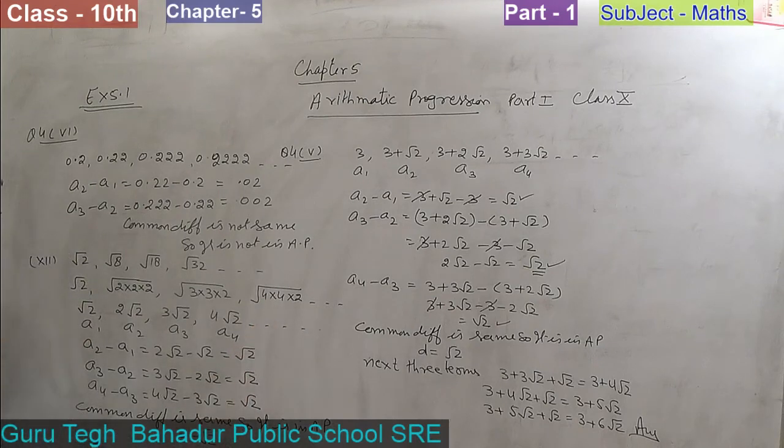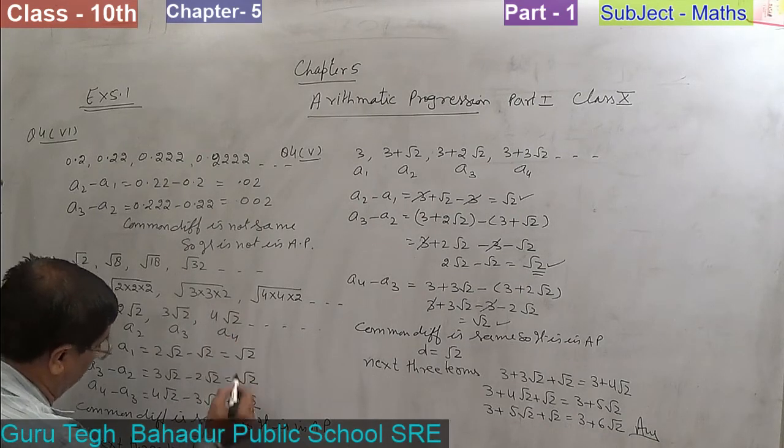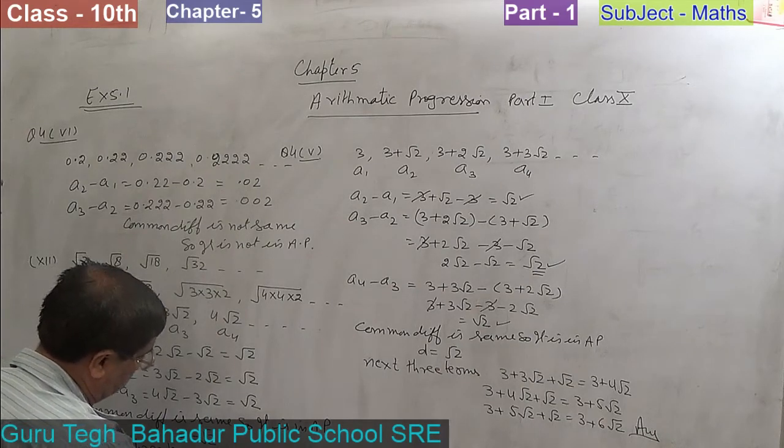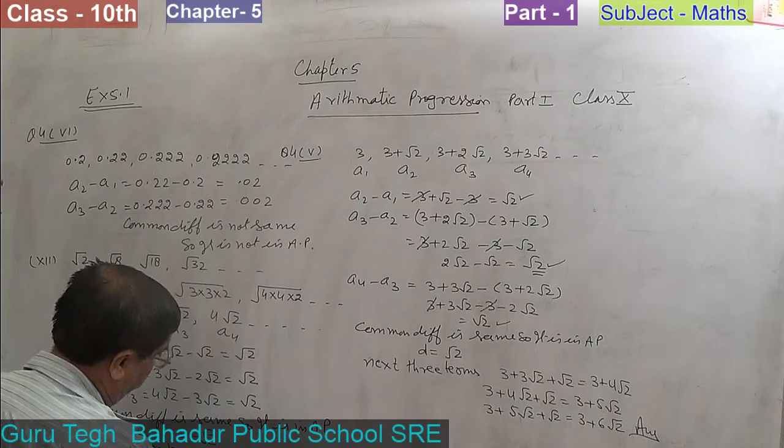Next, 3 terms are 4 root 2 plus root 2, that is 5 root 2.